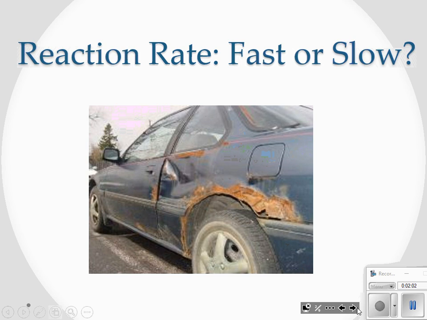Except it was rusting as they were trying to sell them on the lots. Now, how many of those do you think they sold? Not a whole lot, because who wants to buy a brand new rusted car? All right. So, rusting: a very, very slow reaction in terms of reactions.